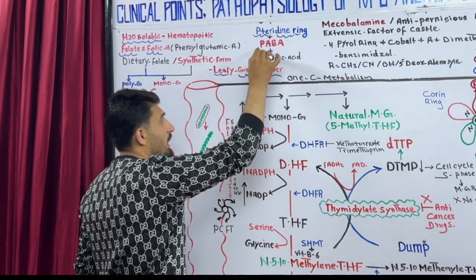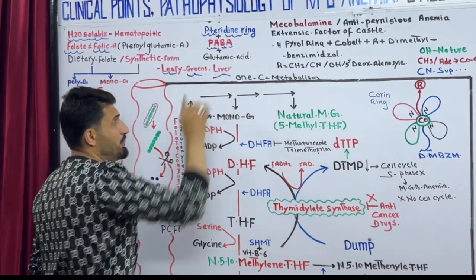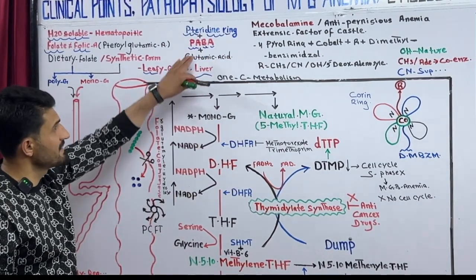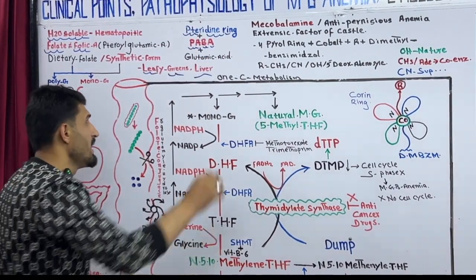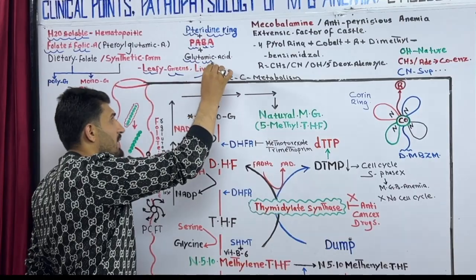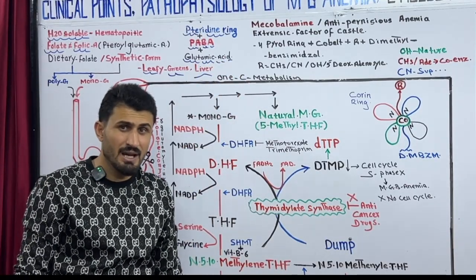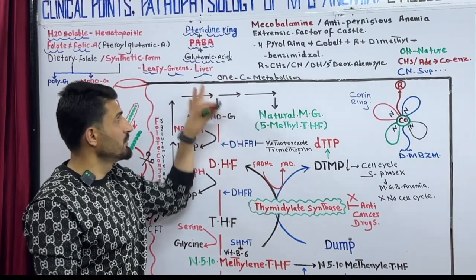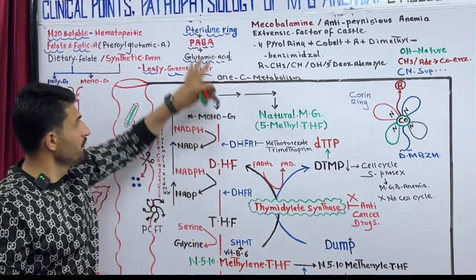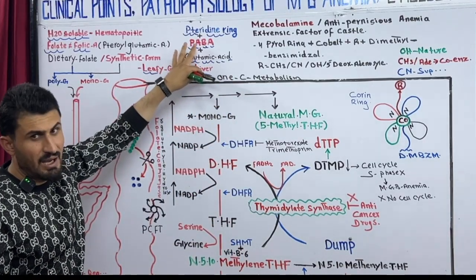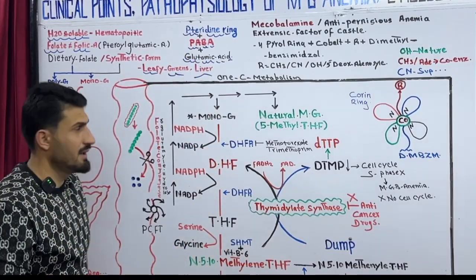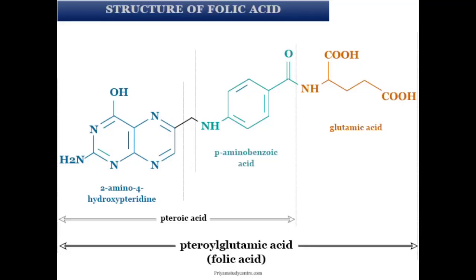Second, it's made of para-aminobenzoic acid, a vitamin-like substance. Plus, it's made of an amino acid which is called glutamic acid. Okay, you can see the structure of folate or folic acid in the photo.